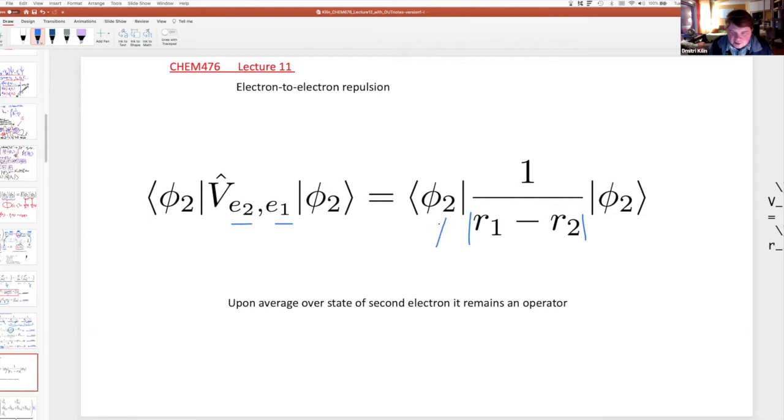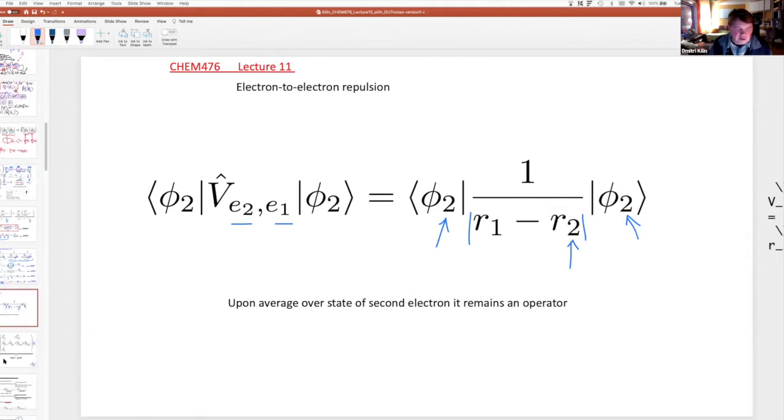So we have 2 at the beginning, at the end, but in the middle, we have both 2 and 1. So after performing this operation, it will be neither an original operator nor a new number. It will be a hybrid in between an operator and a number.